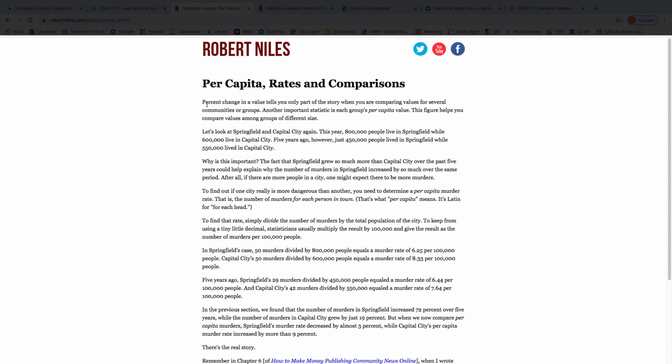The second thing is rates, and so how does the rate change? If I were to tell you that there were 500 African American students at Cal State Long Beach in 1999, and in 2009 there were 600 African American students, you might say that the number had gone up.